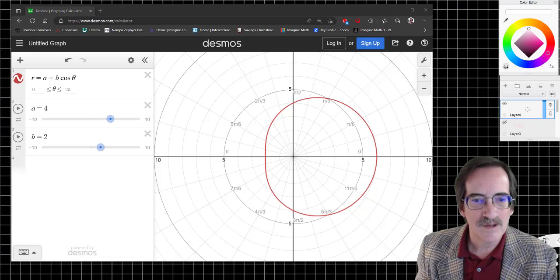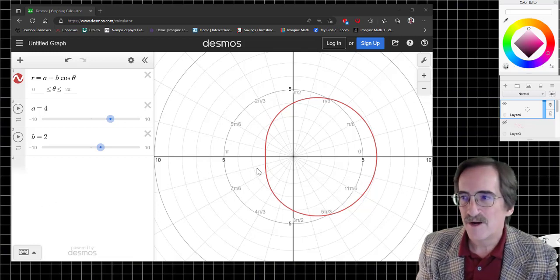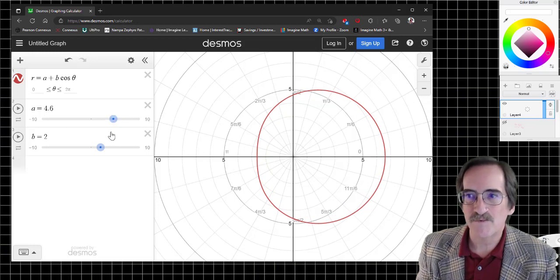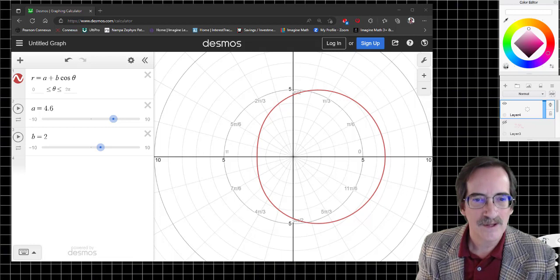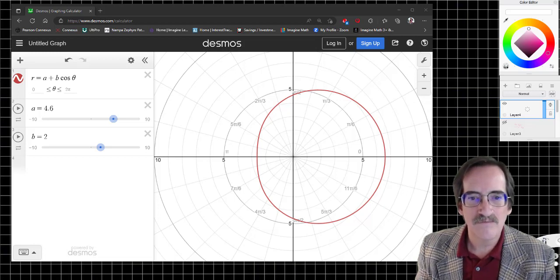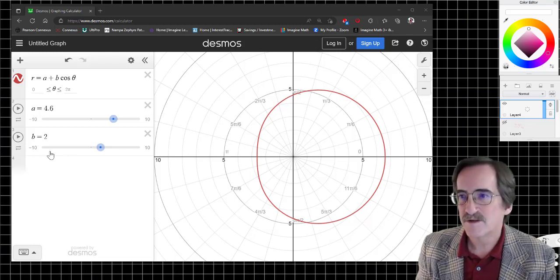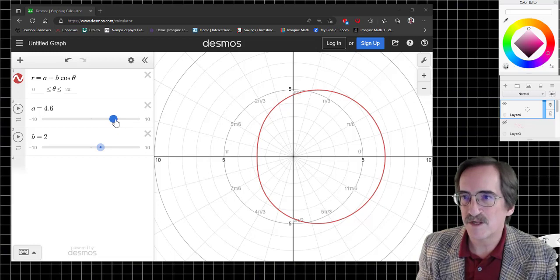But it turns flat, and if you increase it beyond that point, it becomes what we call a convex limaçon. So it goes from being dimpled to convex. There is no official name for when it equals 2.